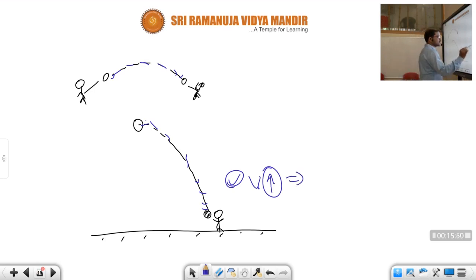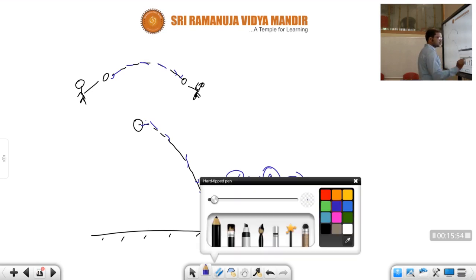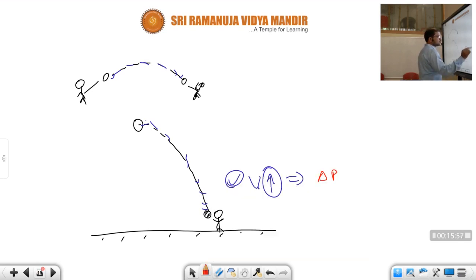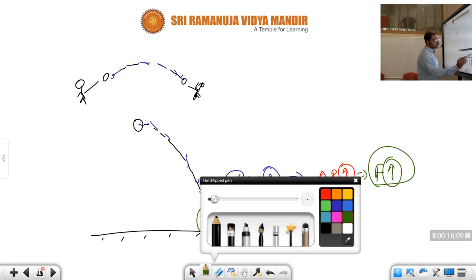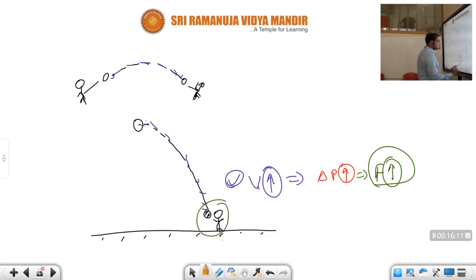We have seen now: change in momentum will be more. Since the change in momentum is more, what will be more? Force exerted by that particular body will be more. Since the force exerted is more, in this case this particular person experiences severe force. He may get damage also.